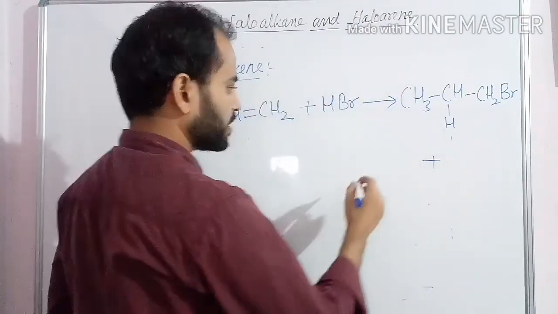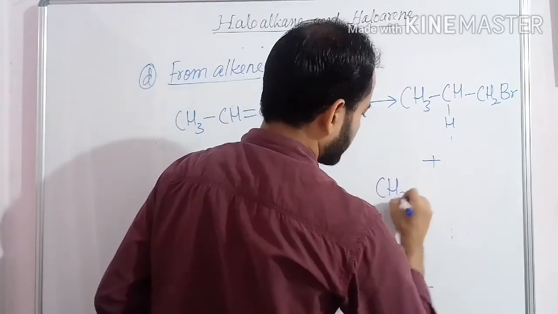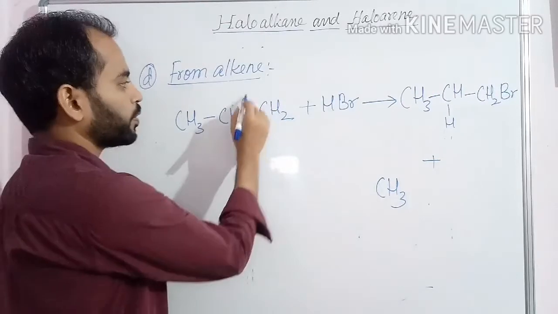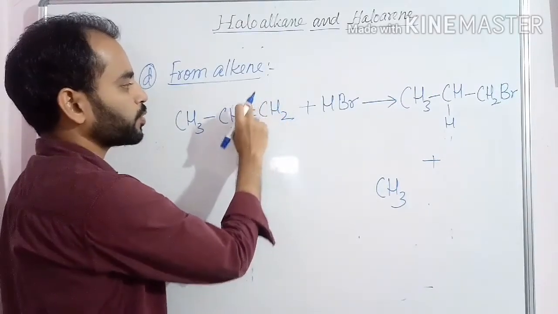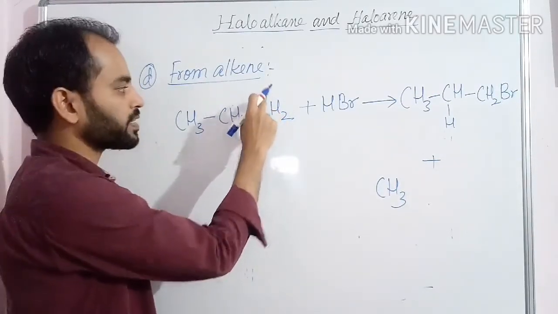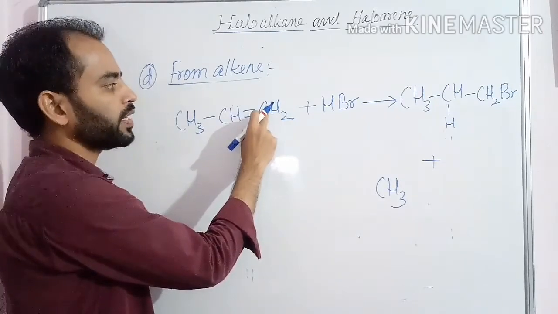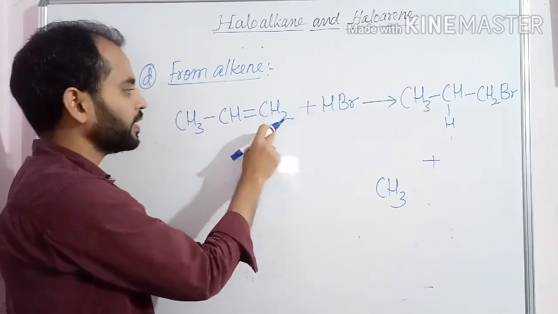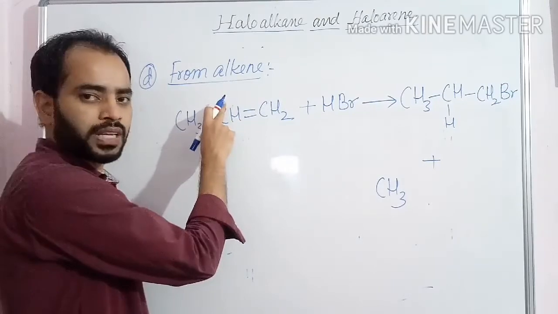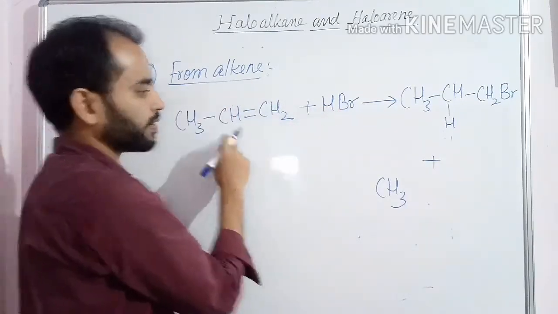And another product is just the opposite. If the electron goes to this carbon, it acquires negative charge, so it will attract H positive ion, and the other carbon acquired positive charge, so Br negative will attack here.